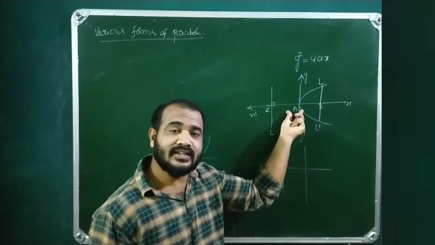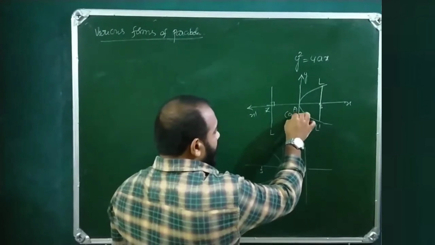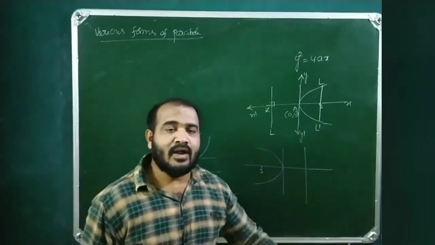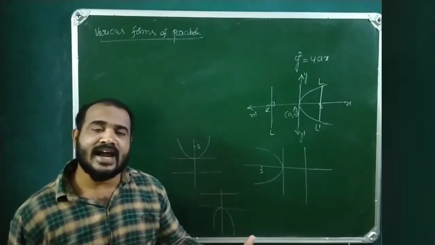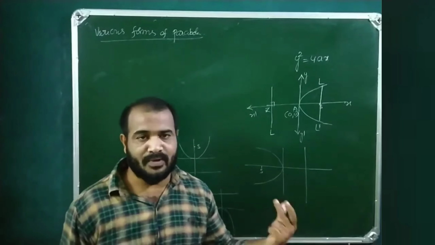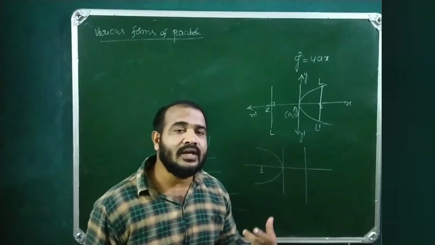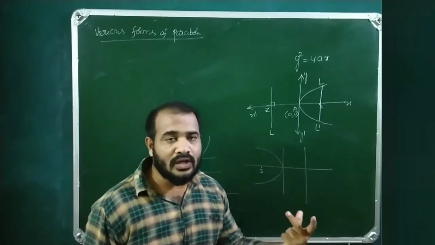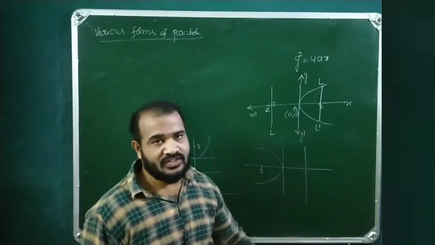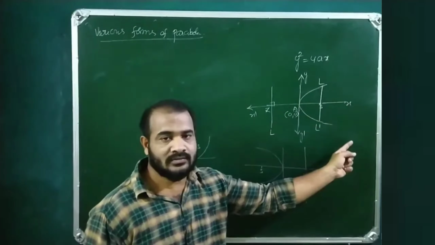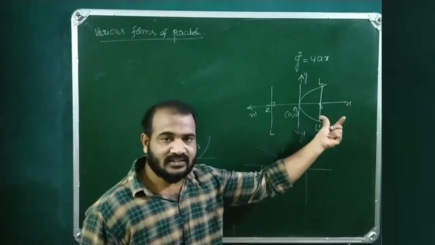If the vertex is at the origin, then that parabola is said to be the standard or simplest form of the parabola. What is the standard form of the parabola? The parabola is said to be in its standard form if and only if the vertex is at the origin. Here, the parabola is symmetric about the positive x-axis.